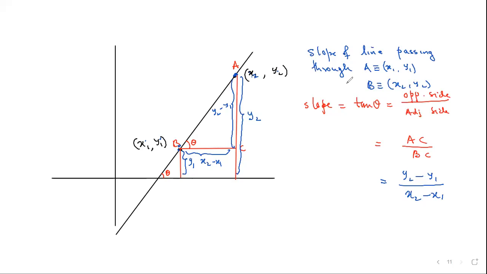So slope is tan theta, that is opposite side by adjacent side. Opposite side is y2 minus y1. Adjacent side is x2 minus x1. So slope became difference of the y coordinates divided by difference of the x coordinates.